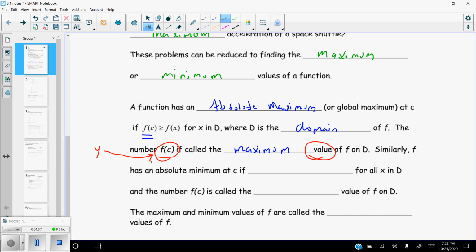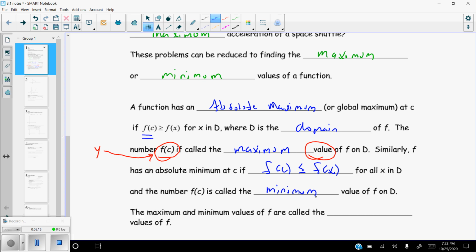Similarly, f of x has an absolute minimum at C if, just like before, f of C, or our given value, is less than or equal to all other f of x points for x in D, and the number f of C is called the minimum value of f on D. So again, just look at your inequality.